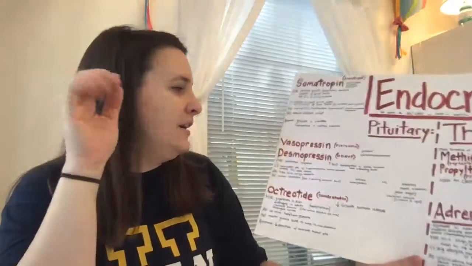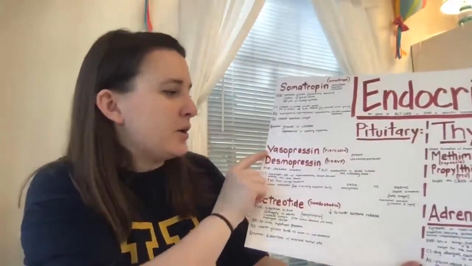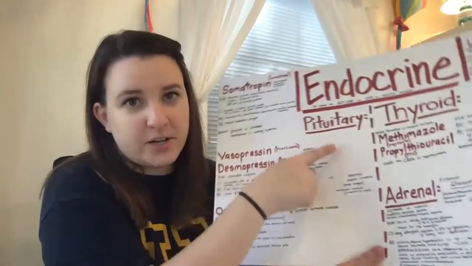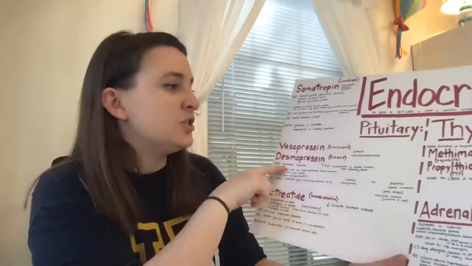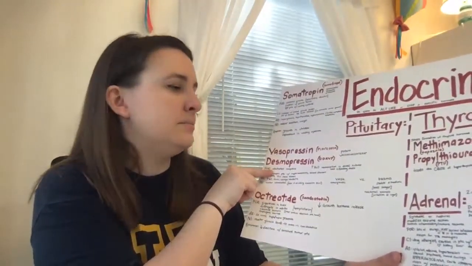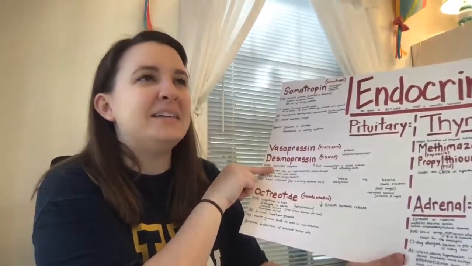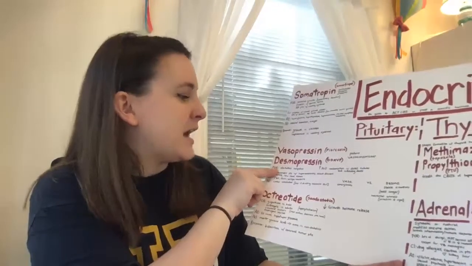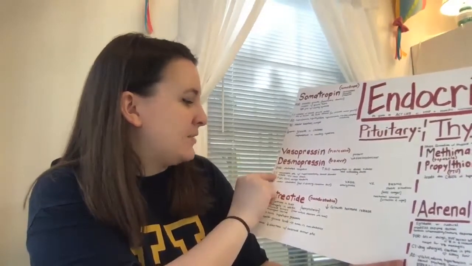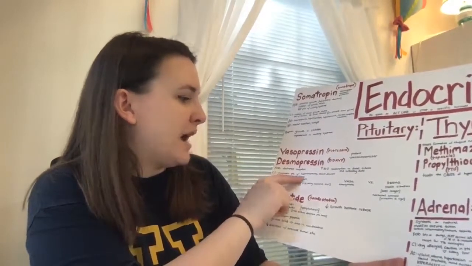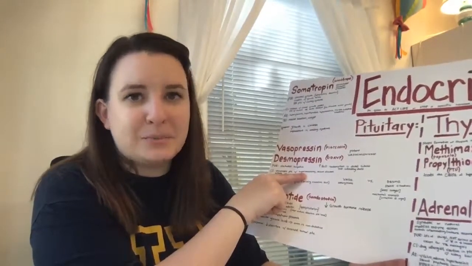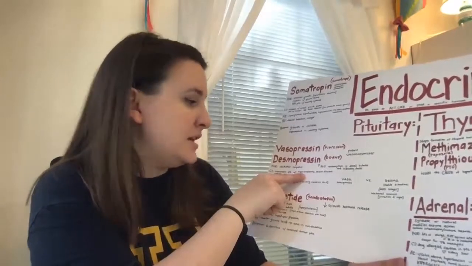Okay, the next 2 drugs that we're going to talk about are vasopressin and desmopressin. Again, we're still in the pituitary here, so these drugs are going to act on the pituitary. These drugs are not patent, but potent vasoconstrictors. So these drugs can be used for diabetes insipidus, and it's contraindicated in patients who have hypersensitivity to vasopressin. Obviously, you're not going to give them vasopressin if they have a hypersensitivity to it.